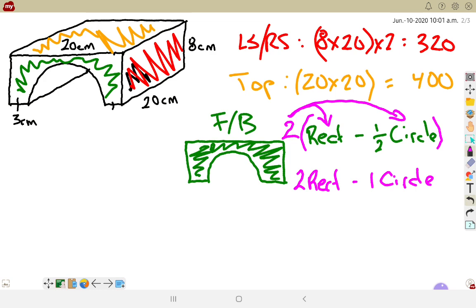Okay, so for my front here, I would have 20 times 8. Okay, and I'm going to times that by 2 because that rectangle would get multiplied by 2.